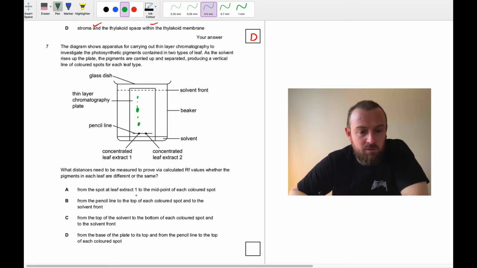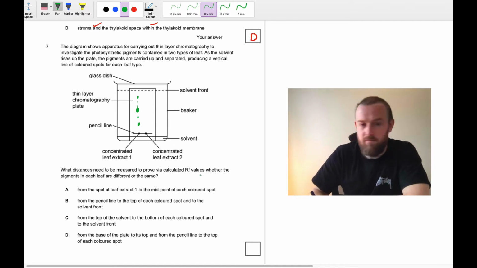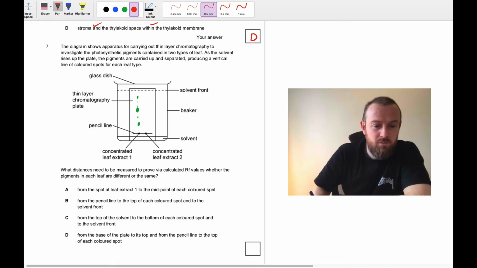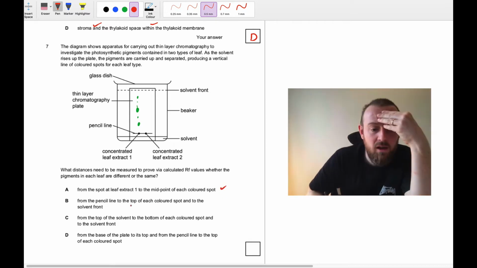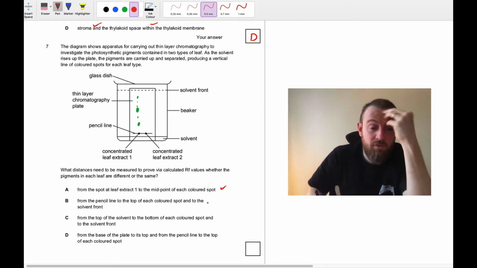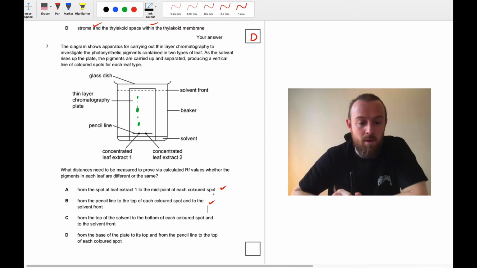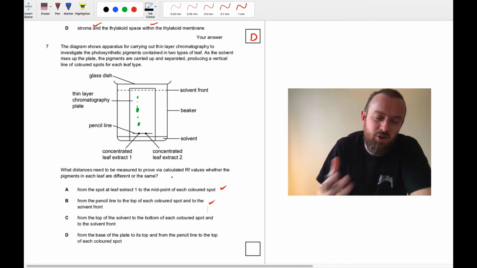From the spot at leaf 1 extract to the midpoint of each coloured spot. I'm not very good at this one. From the pencil line to the top of each coloured spot and to the solvent front. Yes, that's the one. It's definitely going to be B, because we have to have 2 distances measured.